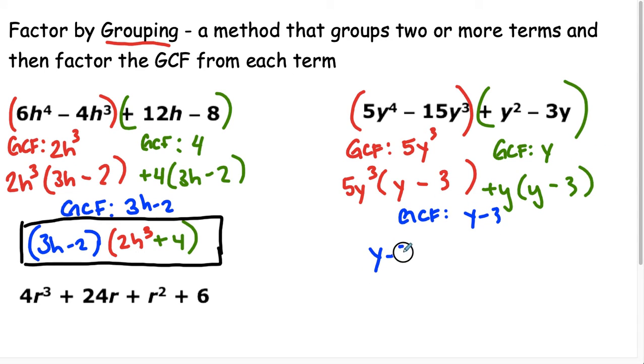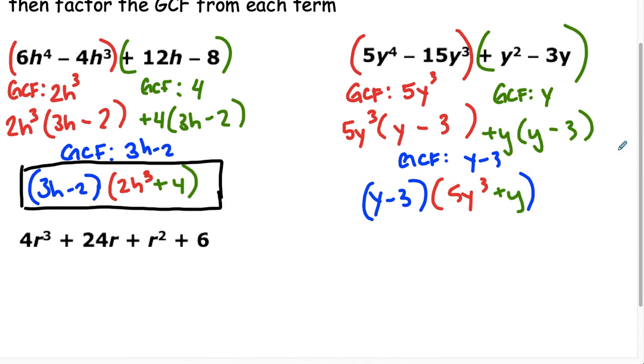Seeing that we have y minus 3 as my GCF, what's left from the first term is a 5y cubed, and what's left from the second term is this plus y. I can further factor this because I have another GCF here, which is y, and now this becomes y times 5y squared plus 1.